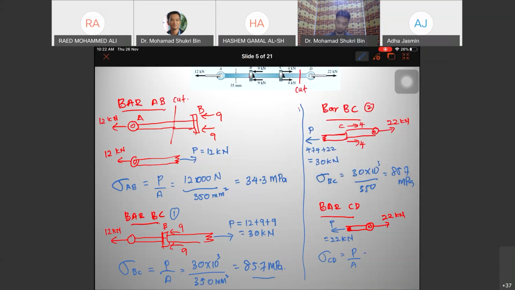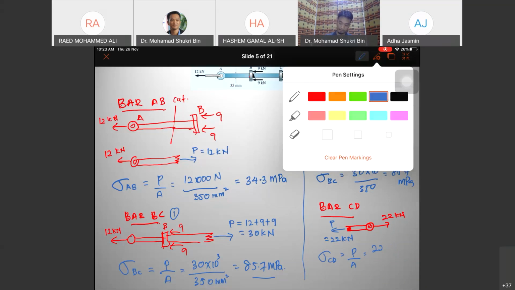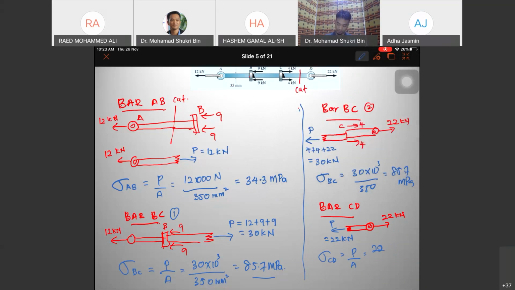which is 22 kilonewton, or 22 times 10^3 Newton over 350.